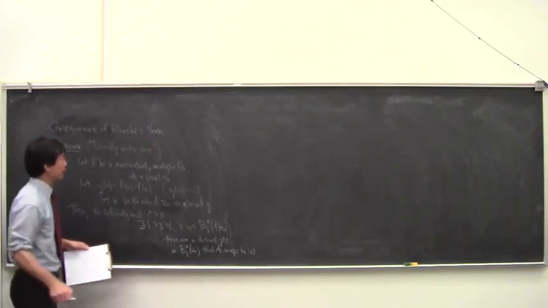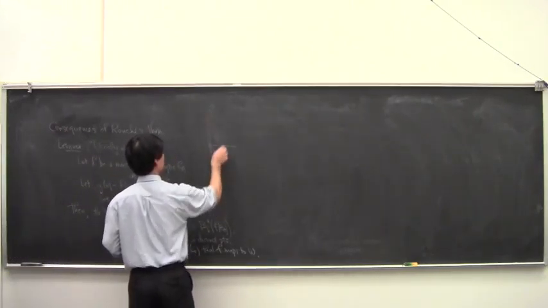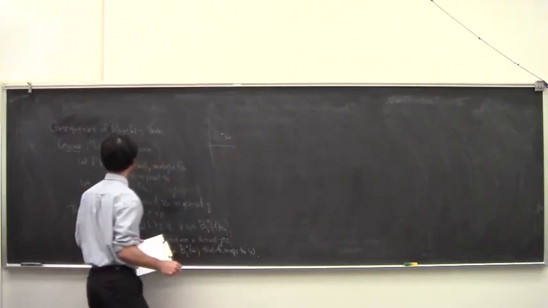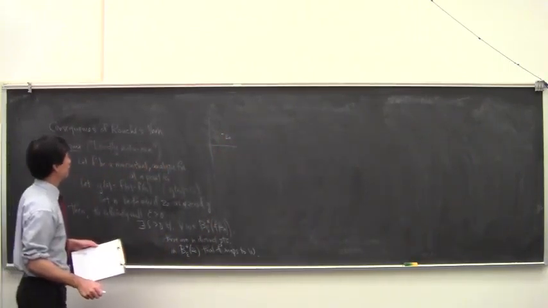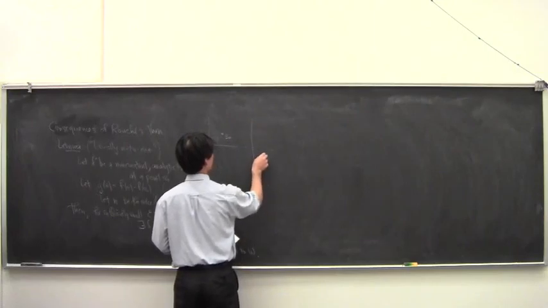So you have this z naught, and that gets mapped to some f of z naught.